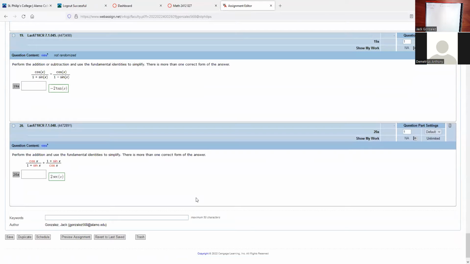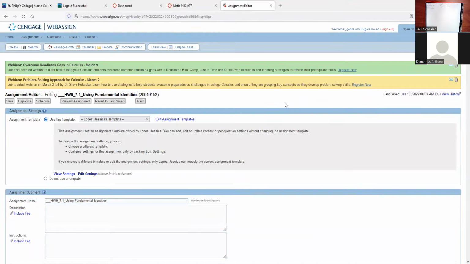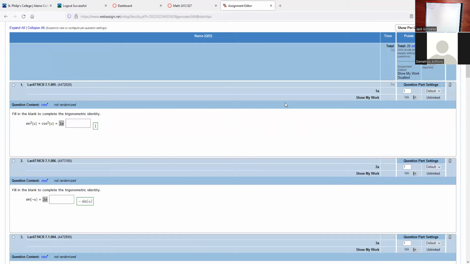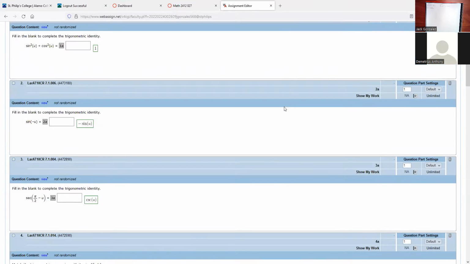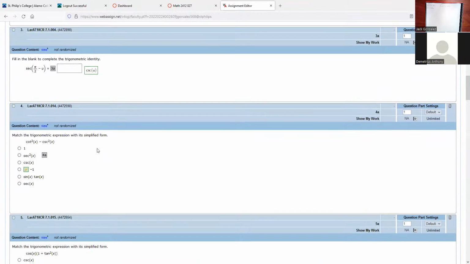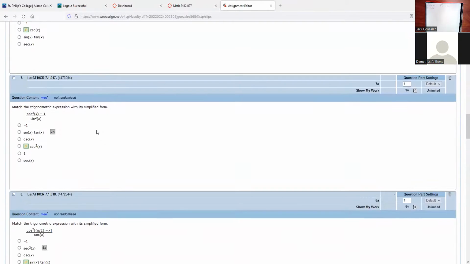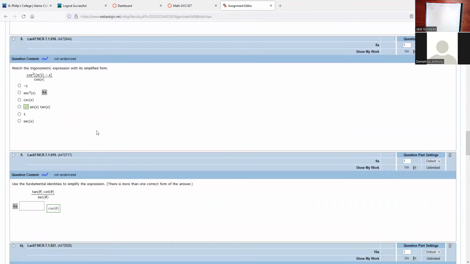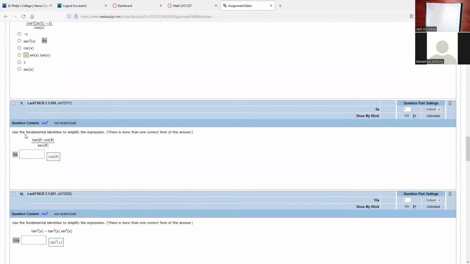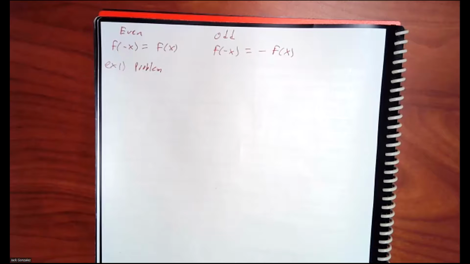Let's see. So first few are just basic formulas. Let's start with problem 9, I guess. So use fundamental identities to simplify the expression. So all I want you to do is simplify.